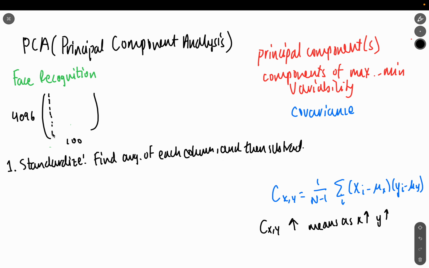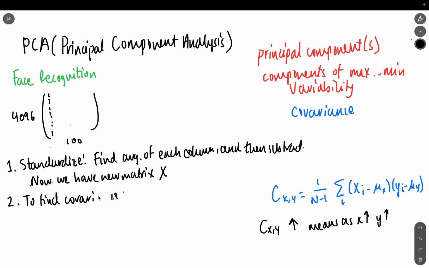For whatever reason, you have a face that's not even a face, it's just a bunch of ones. We take the average of that column, so the average of all ones is going to be 1, and then we subtract that average from each one of these points. So this whole column would turn into 0, 0, 0. Make sense? Now we have a new matrix. Let's call that X. Then step 2 is to find the covariance matrix.